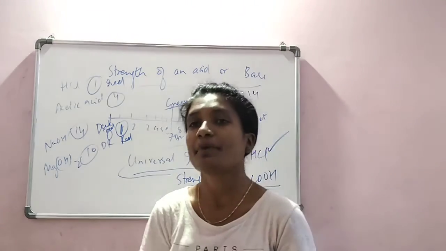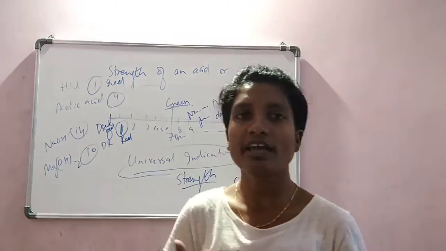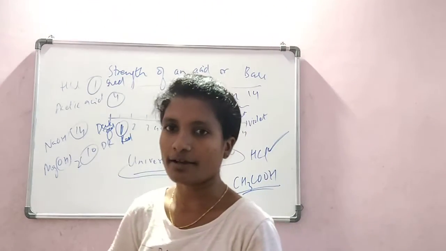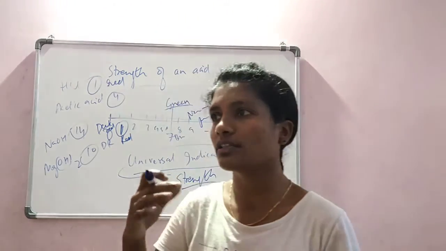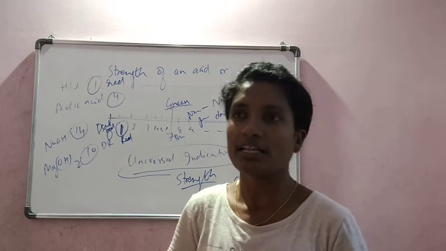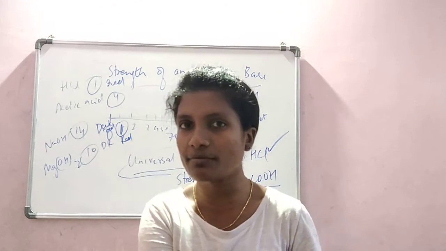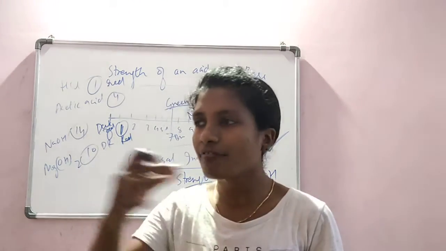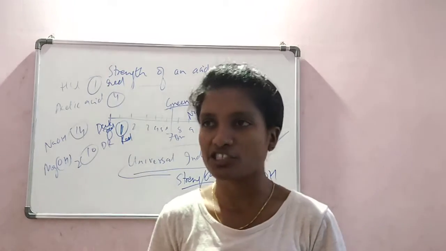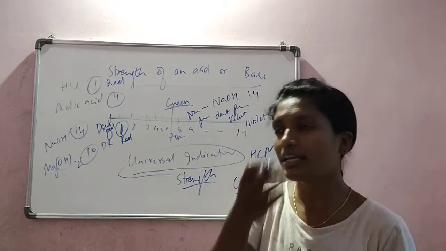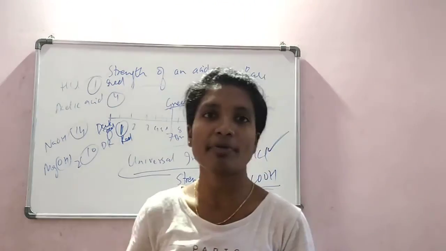Then, importance of pH in everyday life. In day-to-day activities like digestion, the teeth, the soil where the plants grow, the environment where animals are living, every place contains pH, and there is a limit. Inside our stomach a certain pH has to be balanced.